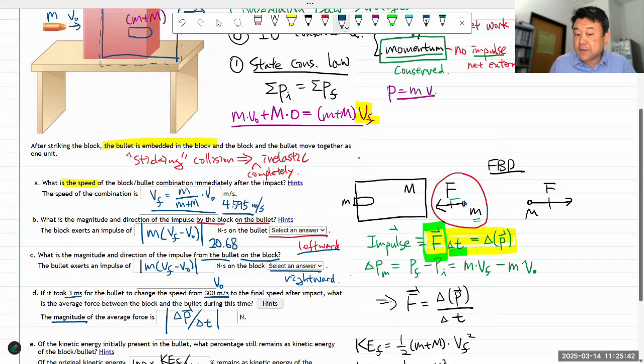And because I kept everything in basic SI units, I'm guaranteed that this answer should be in basic SI units. And it'll be the same answer for part C, nothing's changing. I already indicated the directions.